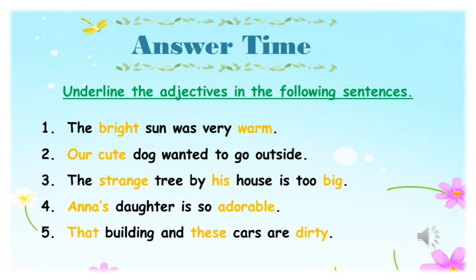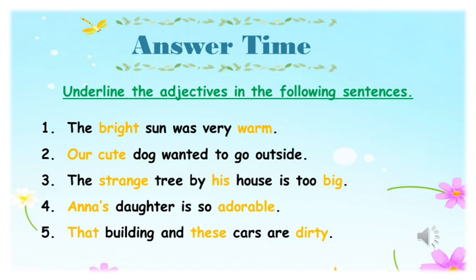The adjective strange describes the noun tree. It tells what kind of tree. His describes the noun house by telling whose house. Big describes the noun tree by telling what kind.